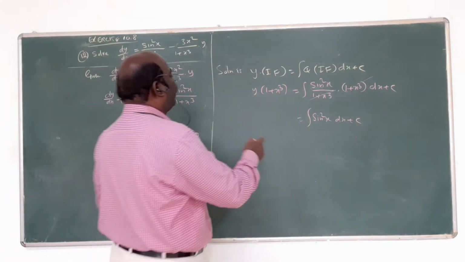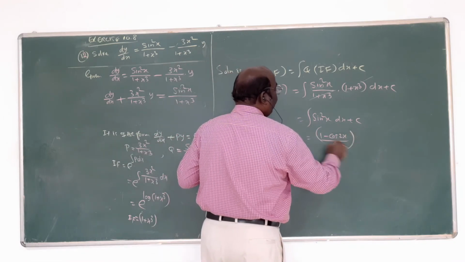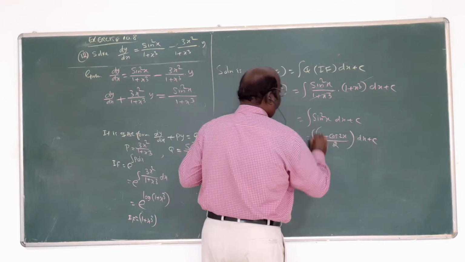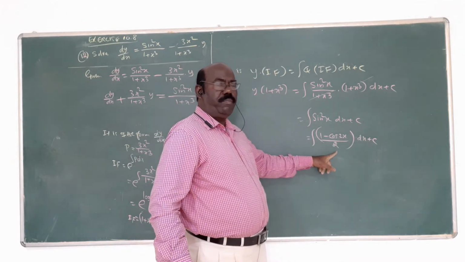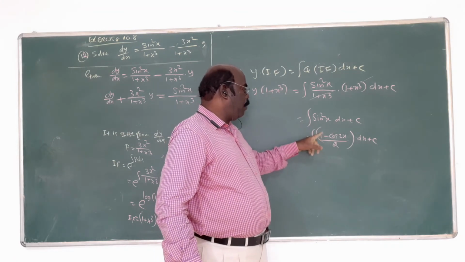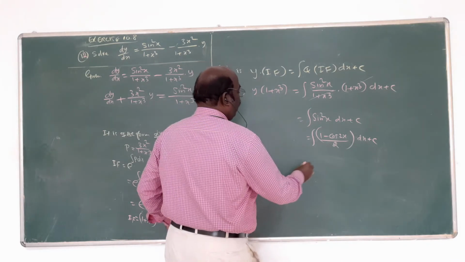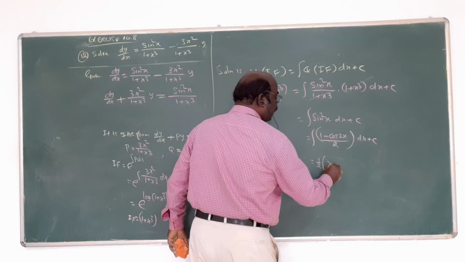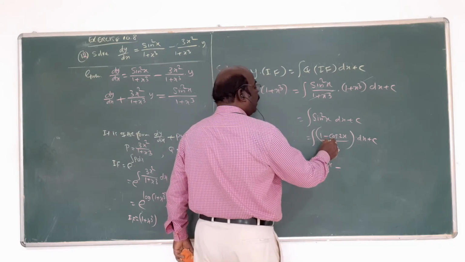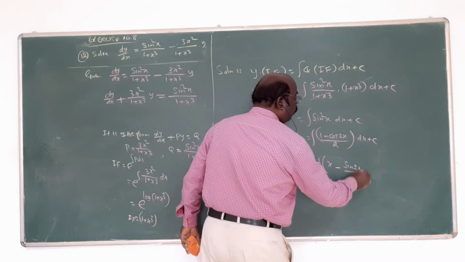For sin square x we use 1 minus cos 2x by 2. This is called the trigonometric formula. Sin square x means 1 minus cos 2x by 2, cos square x means 1 plus cos 2x by 2. Now the 1 by 2 is constant, outside the bracket. Integration of 1 minus integration of cos 2x becomes sin 2x divided by 2 plus c.